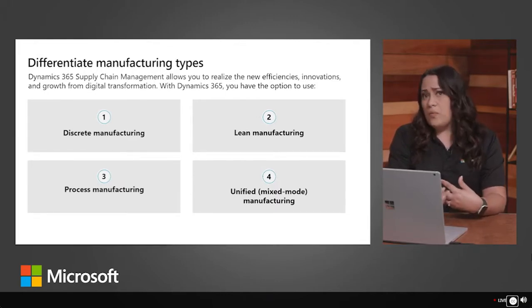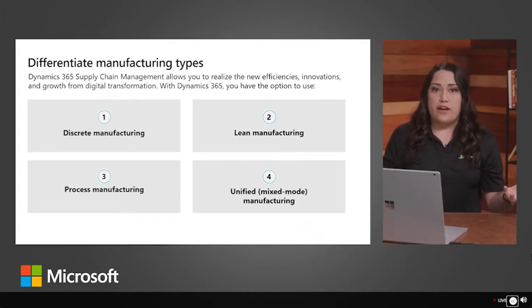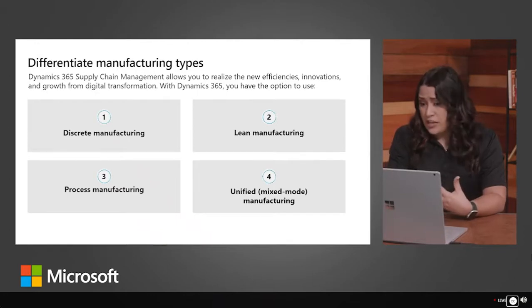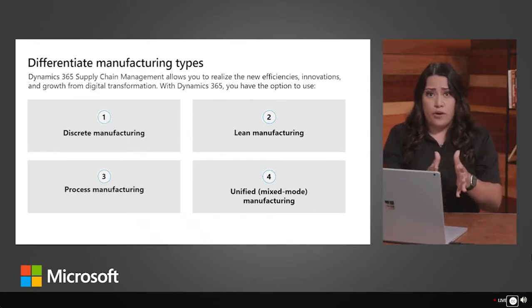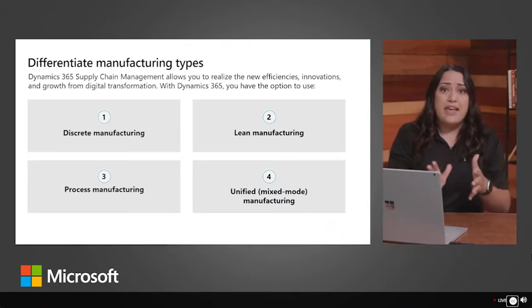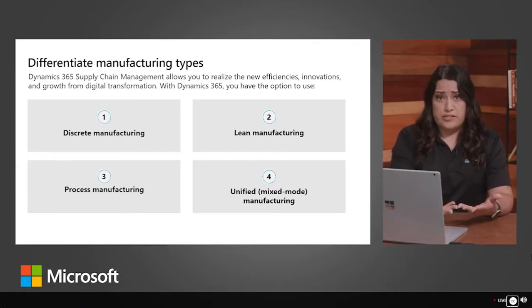And so that actually brings us to Dynamics 365 Supply Chain Management, because it can deliver a unified or mixed mode manufacturing to support all your manufacturing strategies. Each component of information that you have in your production order, you can modify or copy, and basically make the adjustments to meet the requirements of your manufacturing facility.